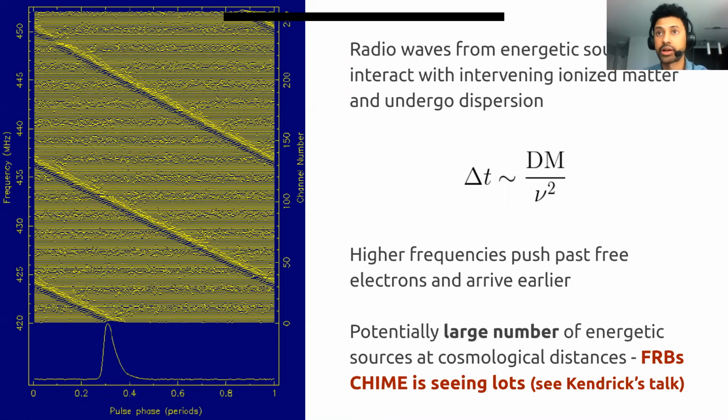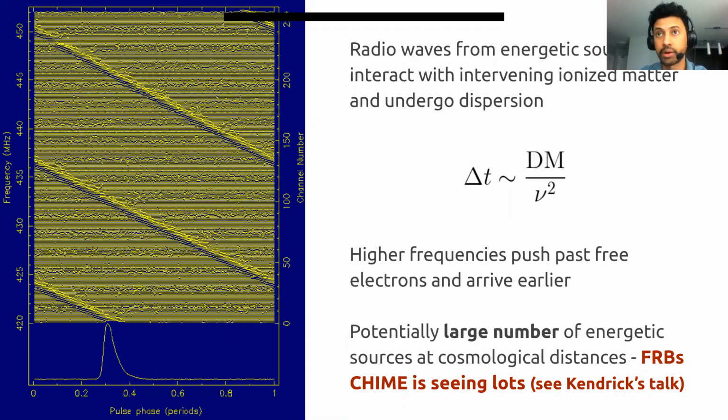And there's potentially a really large number of these energetic sources at cosmological distances, as we just heard about. The dispersion measures are actually really large. You can't explain that with just the contribution from our own Milky Way. Some part of it might be from the host galaxy, but we've also seen that follow-ups of some FRBs showed there are cosmological redshifts.